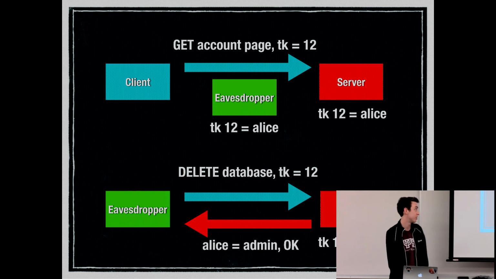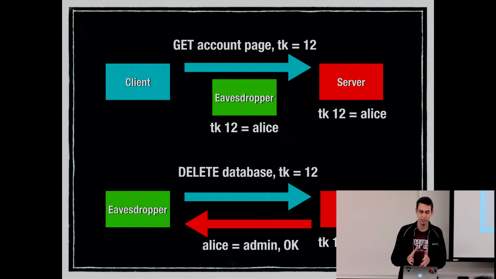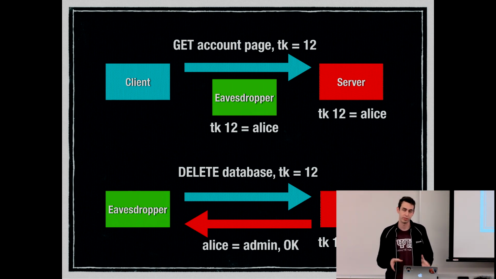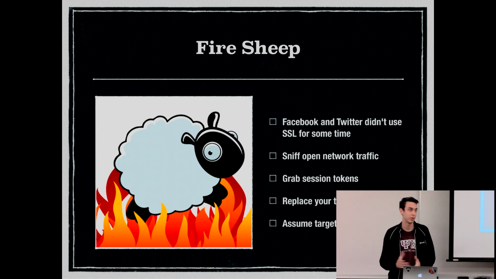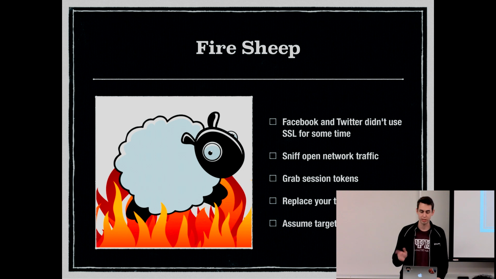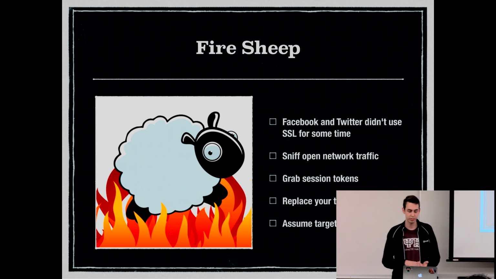And so this happened in the real world with Facebook and Twitter and a couple other big sites that would use secure web pages for signing in, but as soon as you signed in, they would just send the tokens in the clear. And so somebody was really unhappy with this and developed an extension called Firesheep. And so that would just monitor network traffic in the Starbucks you're sitting in or wherever, and would pick up all of these session tokens, allow you to really easily replace your token, and then you just assume somebody's identity.